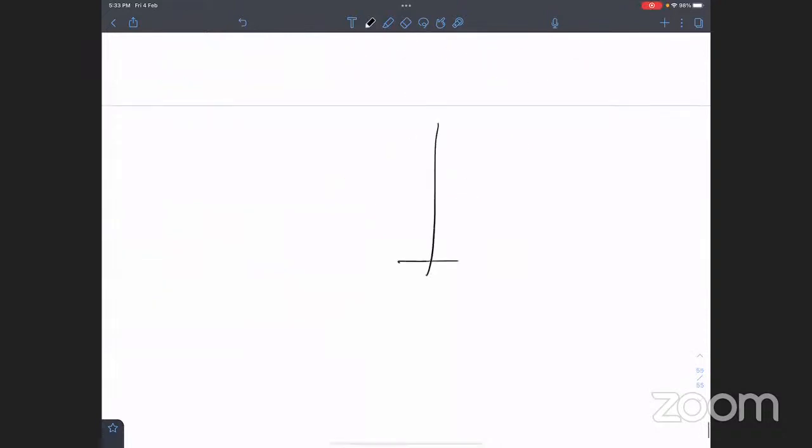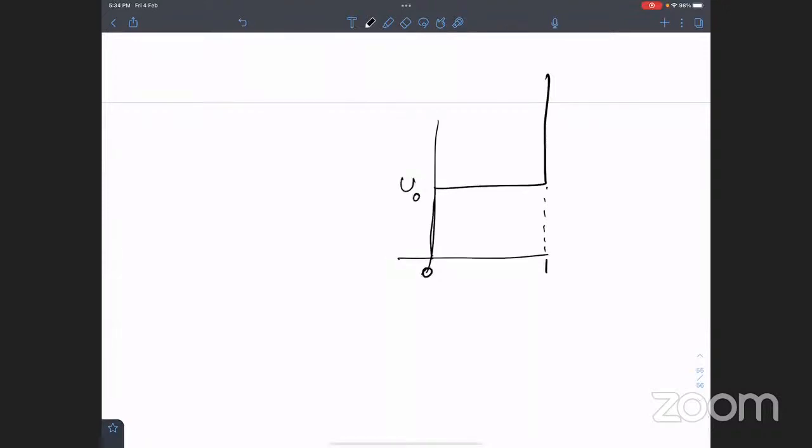Maybe I have not drawn correctly. The curve is like this. It's a step function only. Yes sir, but here this one is a straight line between 0 and 1.